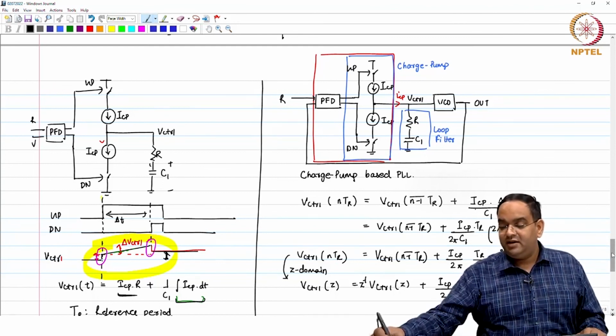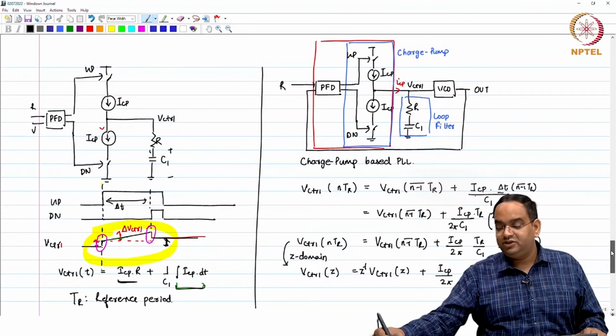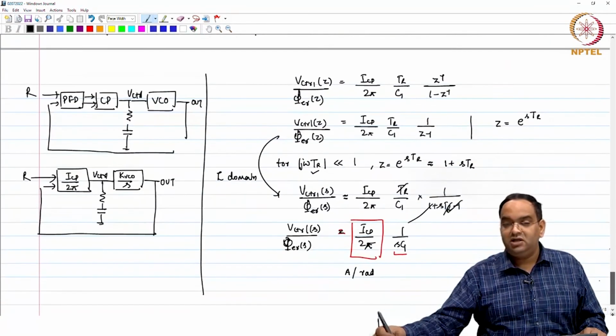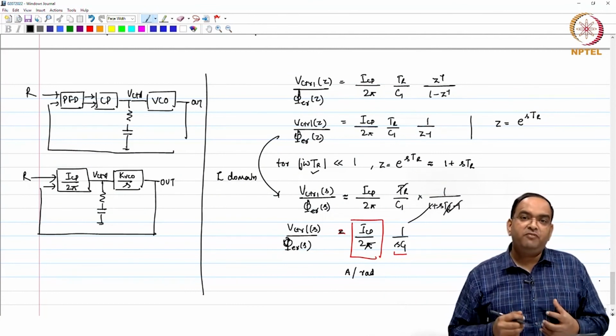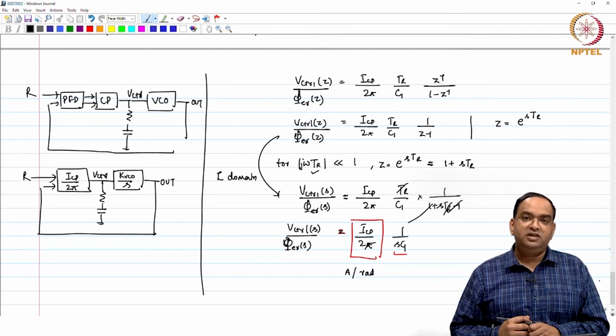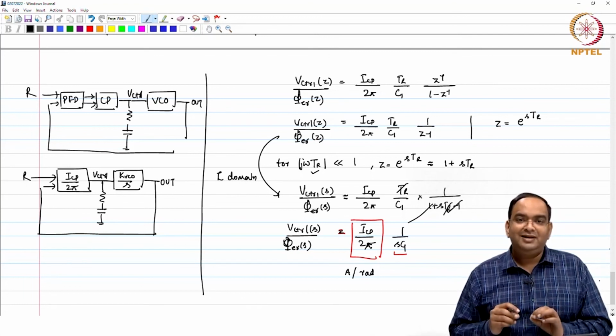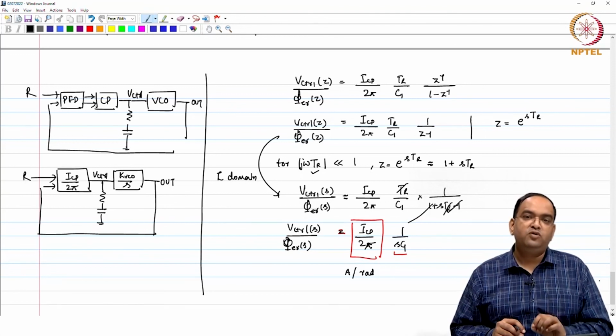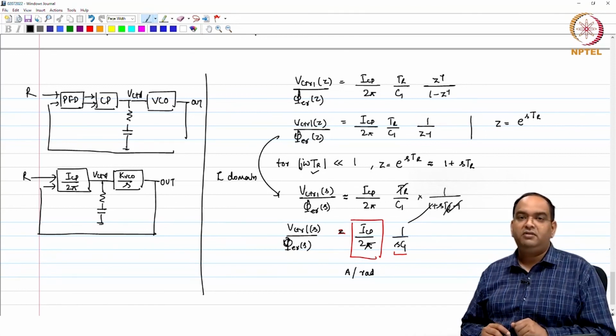Then we implemented the charge pump using ideal switches and ideal current sources. We figured out the combined gain of PFD plus charge pump, and then we derived the small signal model of a simple type 2, order 2 charge pump based PLL, where there is an integrator. Okay. Thank you.